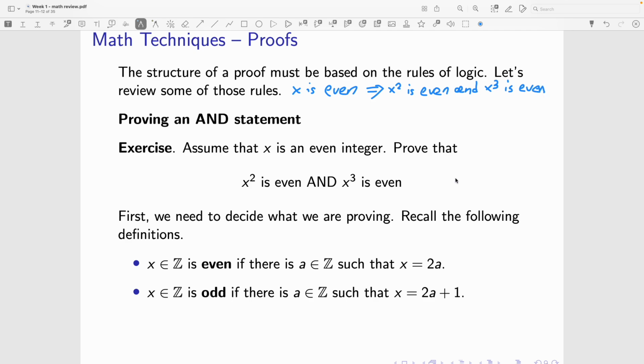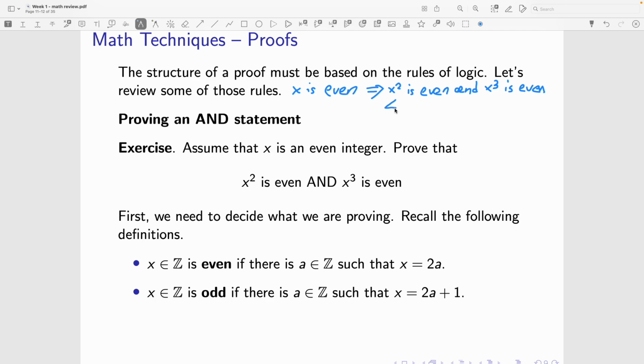Could show both of them in one step, maybe, but because of how AND works, we're going to do them separately. So this is equivalent to, where do I put this?